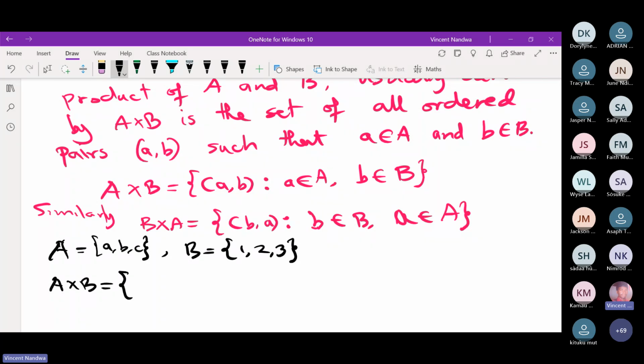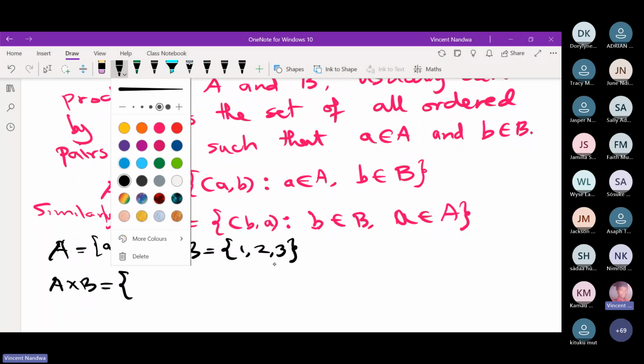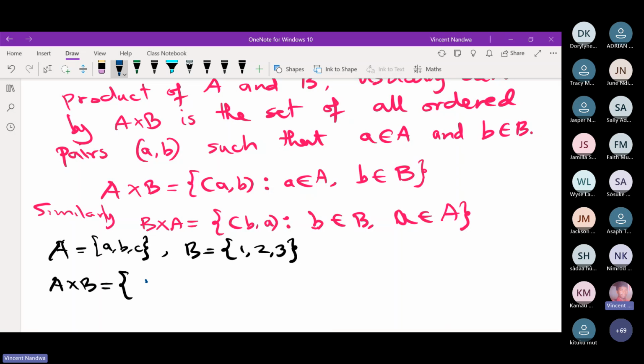So I take a, pair with 1, a with 2, a with 3. Once you have paired the first element a with all the elements of B, you go to the next one. So we have (b, 1), followed by (b, 2), followed by (b, 3).